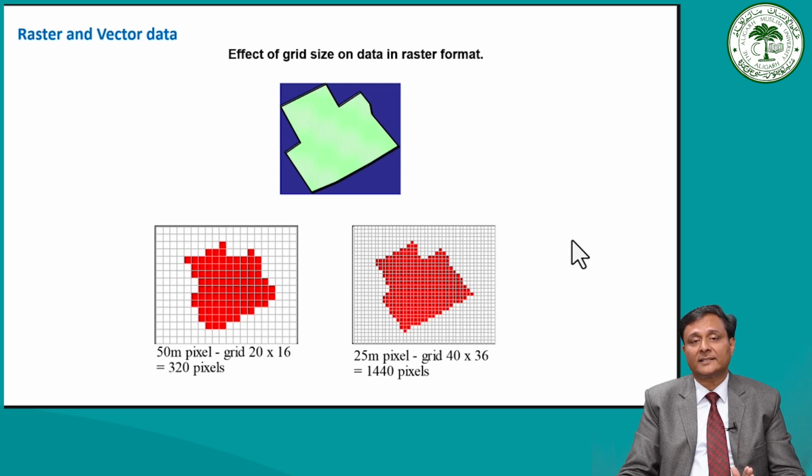But still we use raster data because there are various other advantages which we would be discussing later on. But right now, on the basis of resolution, it is an important reason which we need to keep in mind for assigning attributes, details onto the raster data.